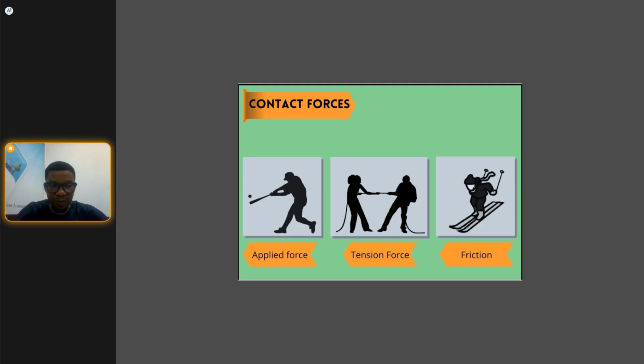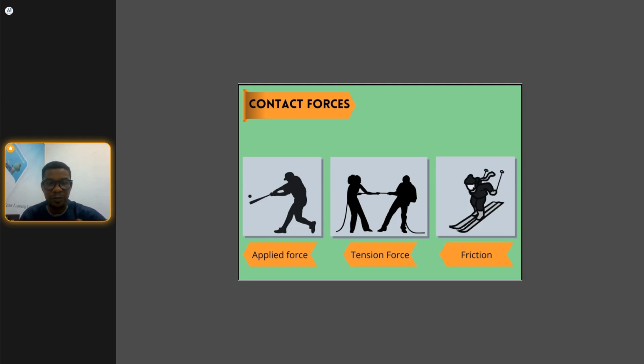If I'm pushing an object, I, as a person, am referred to as an object. The object I'm pushing is another object. So two objects are in contact by force. There's a force applied between those two objects and motion takes place.